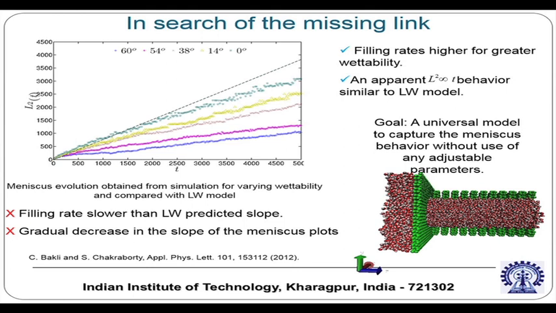If you look into this graph, you will see L square versus T. The Lucas-Washburn model gives L scales with square root of T, right.